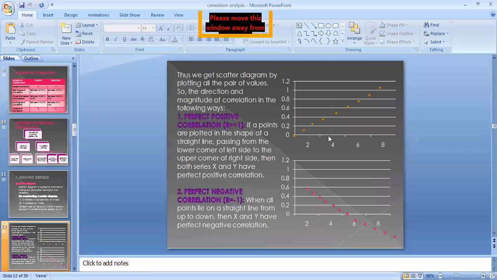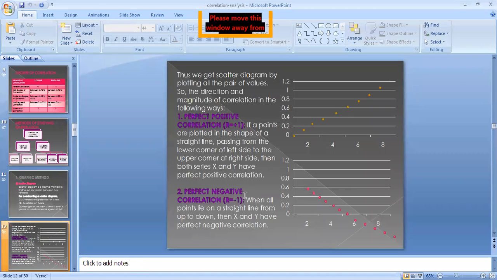This is the scatter diagram, and here, for increasing x, y also increases, so it is perfect positive correlation. Understand? And this is perfect negative, because if x increases, y decreases.